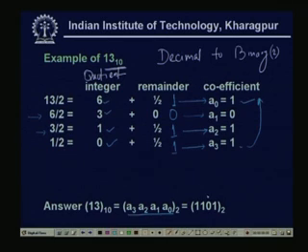So, now if you want to check what we have done so far, what do I get? I get my binary representation of 13, that 13 in decimal system, I got 1, 1, 0, 1.